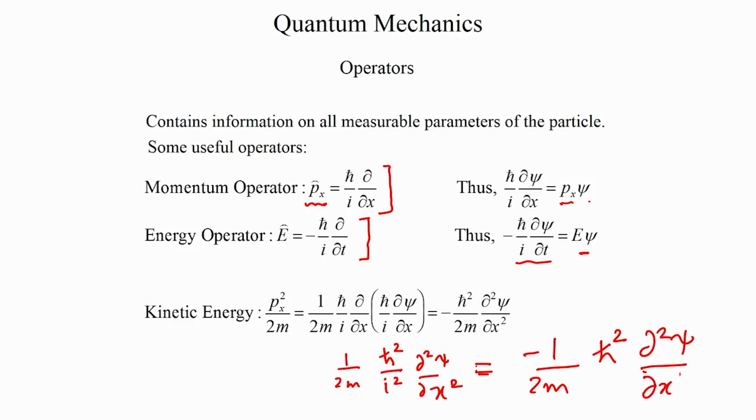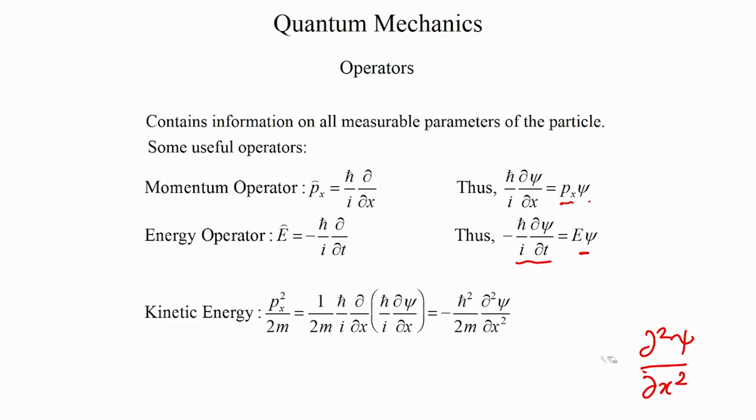So this is my kinetic energy operator. You could imagine this element here to be my kinetic energy operator. When it is operated on the wave function, I get the kinetic energy. So you have these operators, and they tell you what the momentum is, the energy is, the kinetic energy is, etc.